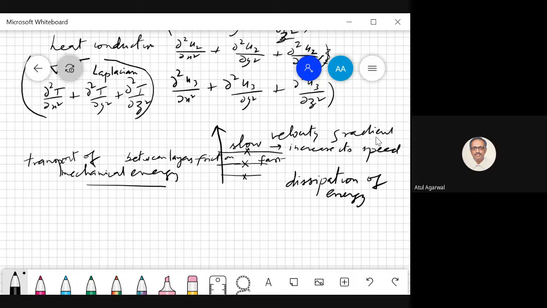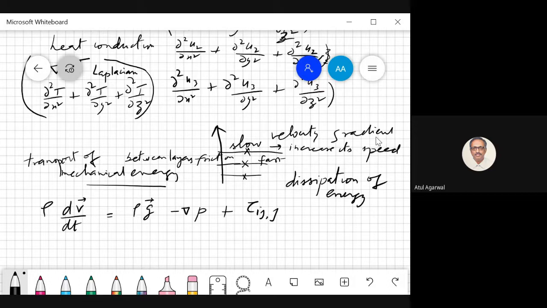Now again we write the equation of motion. So this was the equation of motion.